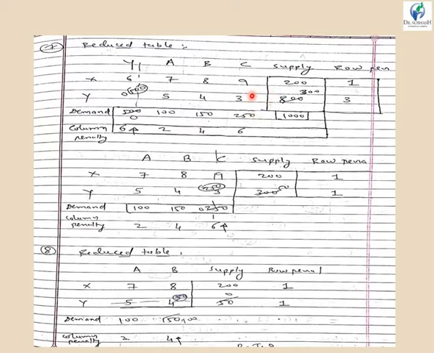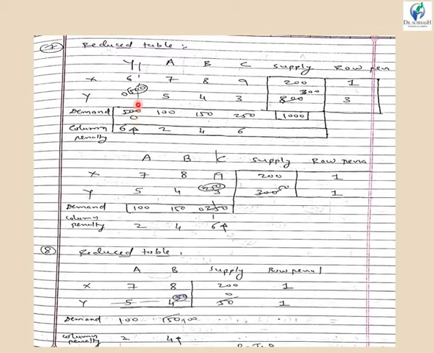You can allocate a maximum of 250 over here, but if you go with this column then the lowest cost cell is 0, and from 800 and 500 you can do an allocation of 500. The lowest among 800 and 500 is 500, so you can do the maximum allocation if you go with this column, and that is our main task. So in case of a tie you can select the column or row in which you can do the maximum allocation.